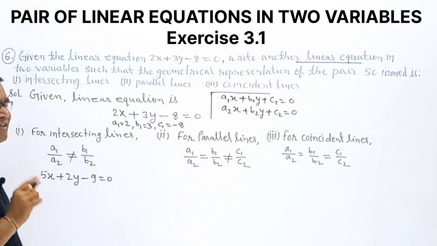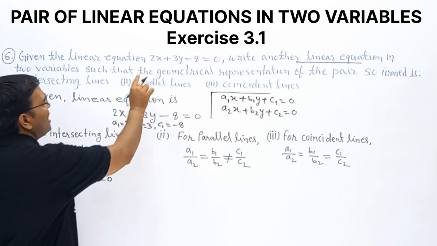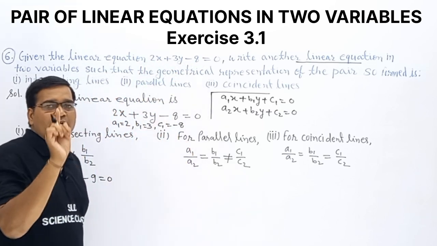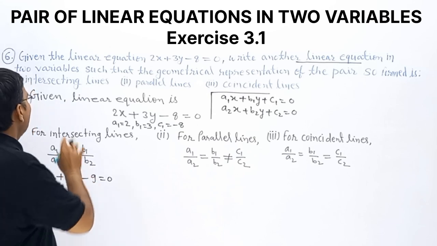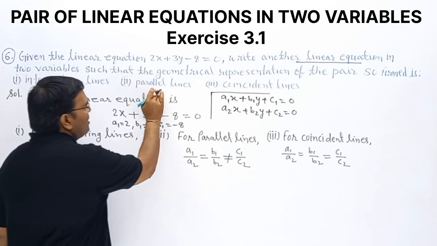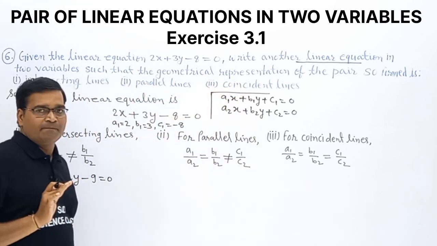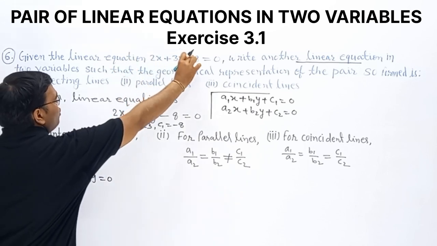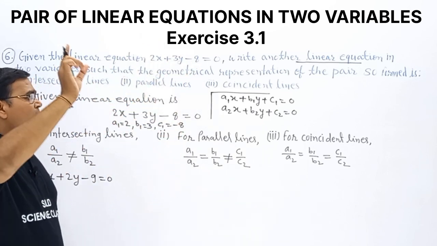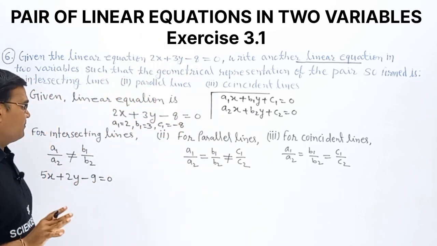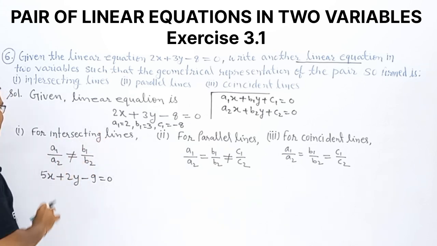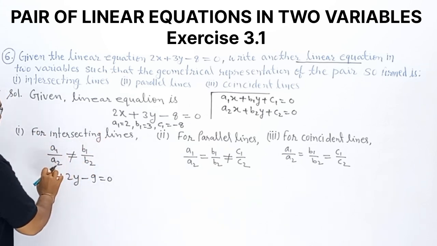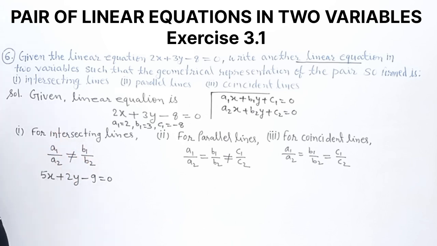What is the question? What is the task? Listen carefully. We have one linear equation, and we want another linear equation for the intersecting lines, parallel lines, and coincident lines. So the first condition, for intersecting lines, is that a1 upon a2 should not be equal to b1 upon b2.